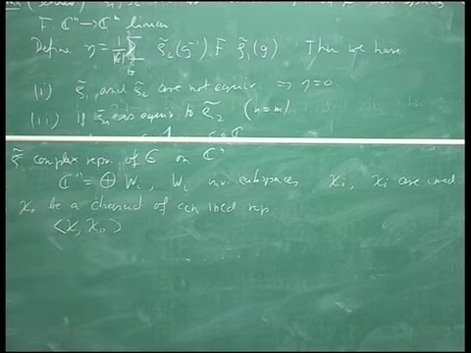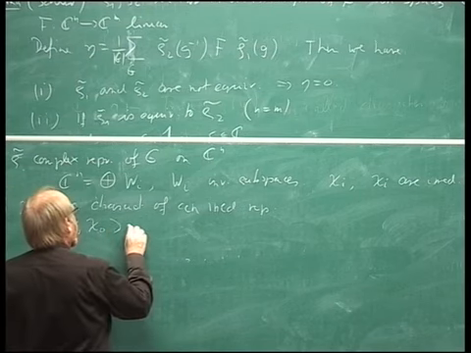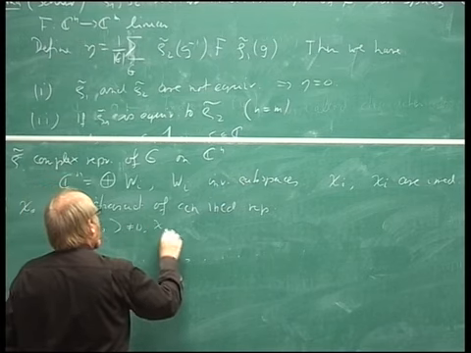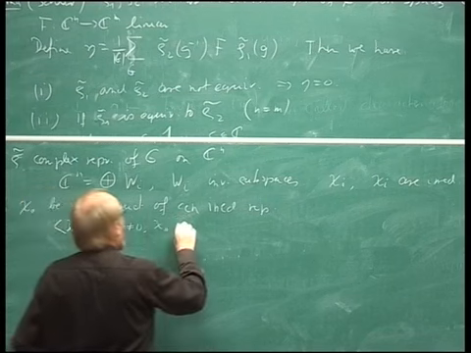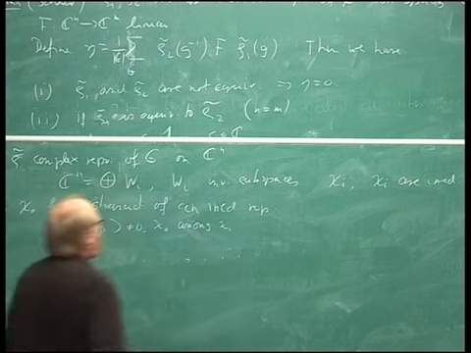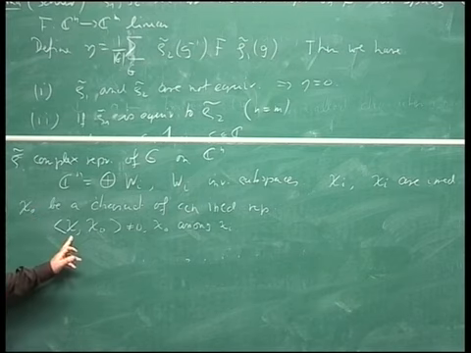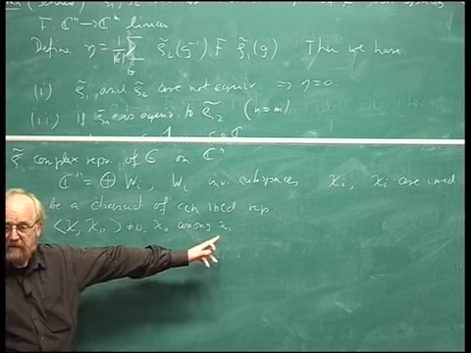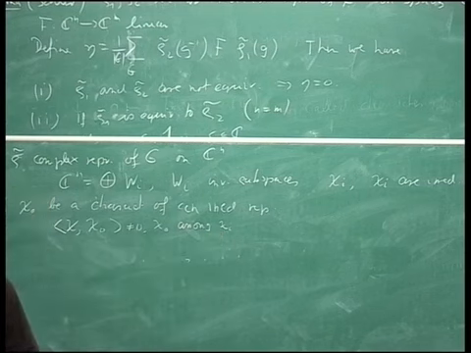And if this is non-zero, then chi 0 is among these chi i. And the scalar product here gives me the number of times chi 0 appears in this list.